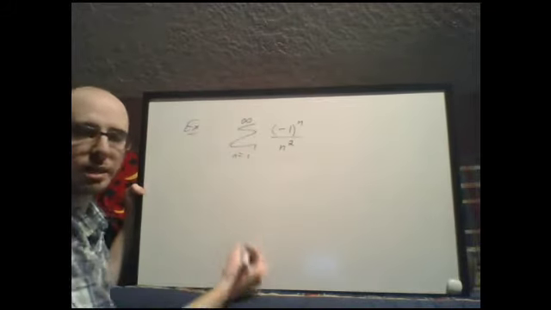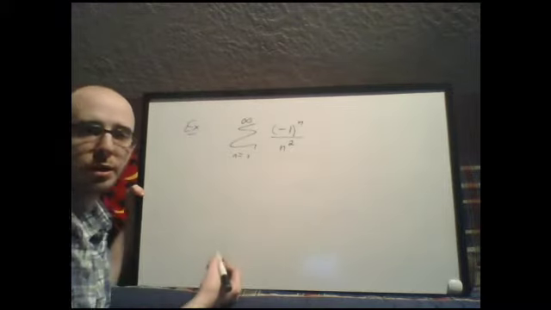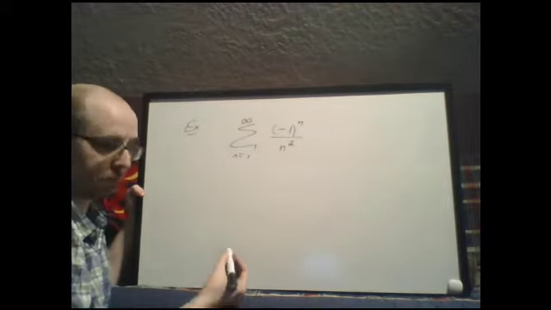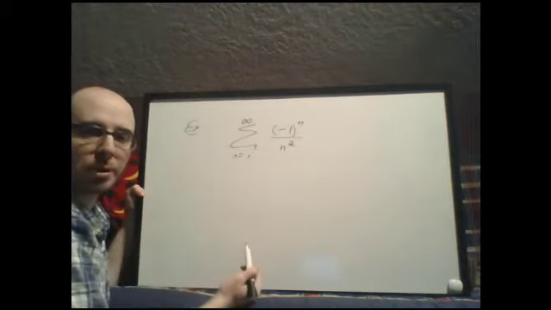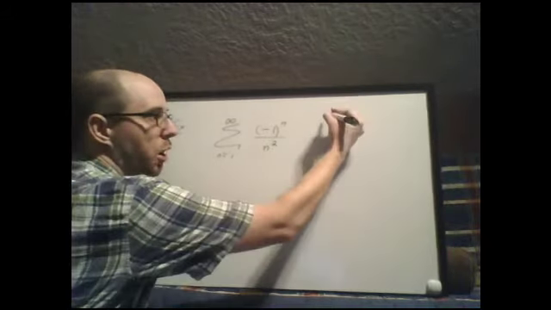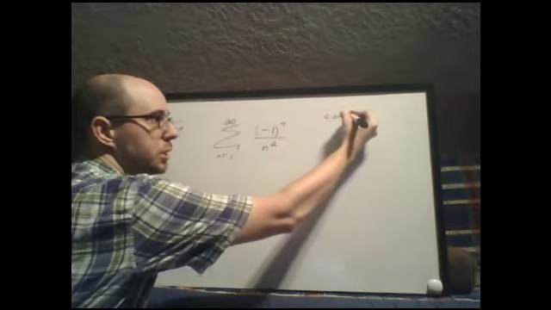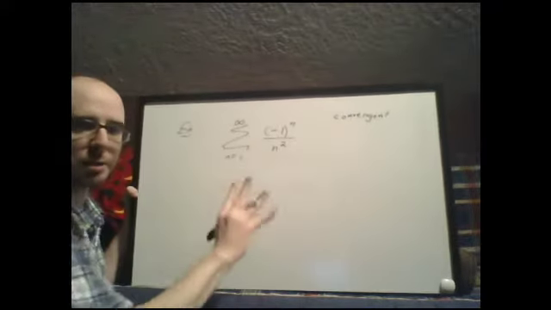Okay, so this is an alternating p series with p equals 2, and we know that if it's an alternating p series, if the exponent's bigger than 0, if it's positive, it's convergent. So we already know that this is a convergent series. All right, so that's something we've already done.